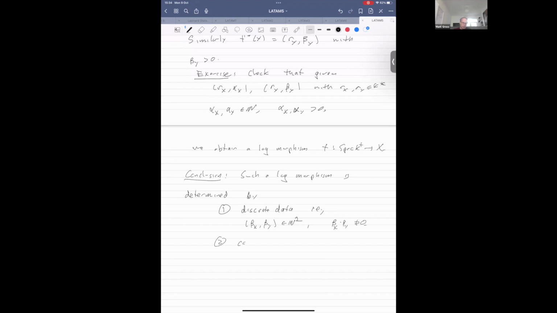And secondly, continuous data: Rx, Ry in K star squared.